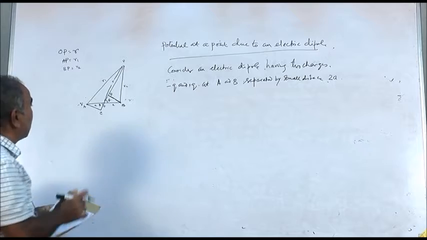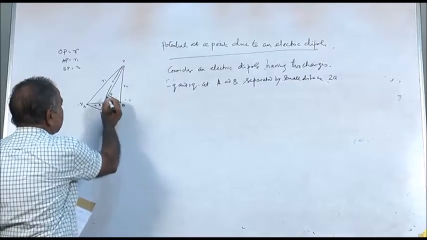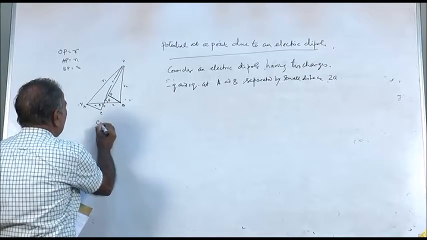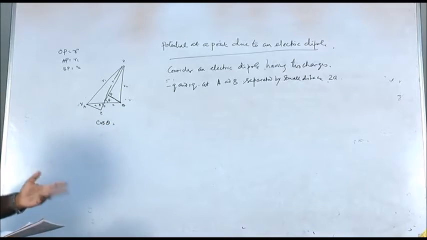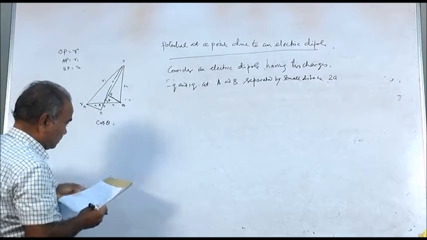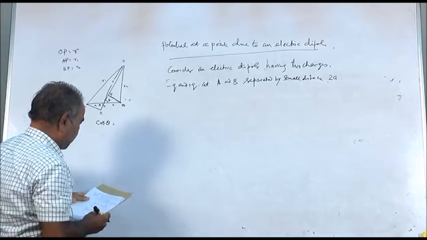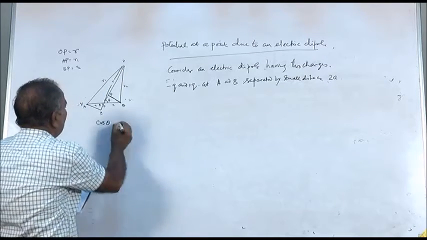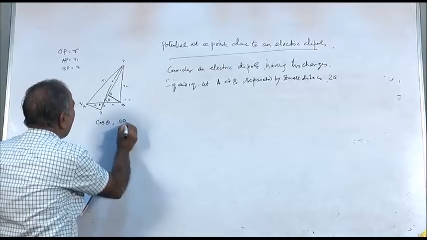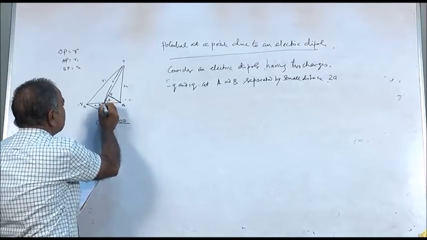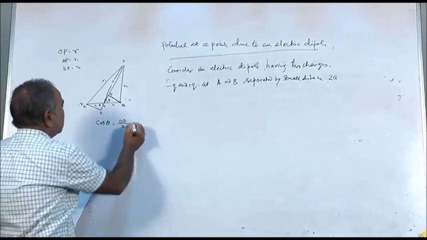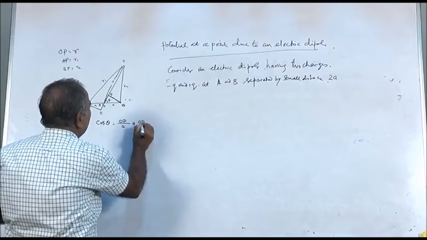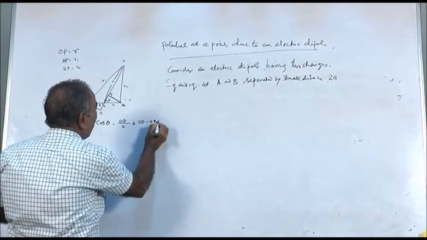So, in this right angle triangle, cos theta is base by hypotenuse. This is the base and this is the hypotenuse. cos theta is equal to OD by a, or OD is equal to a cos theta.